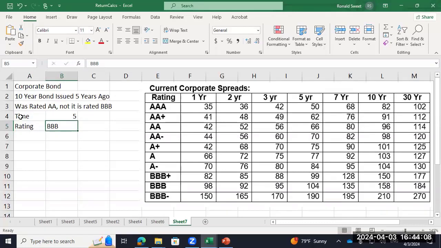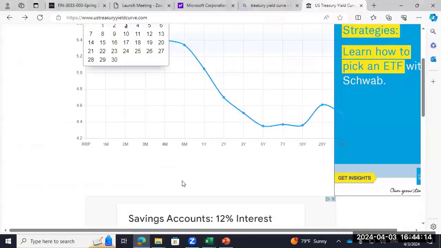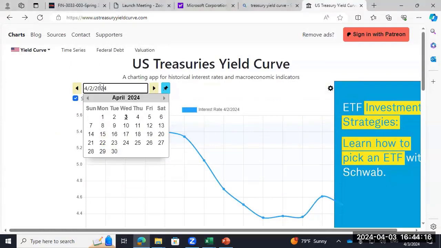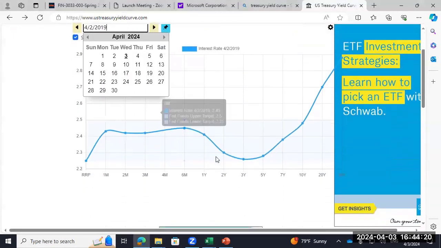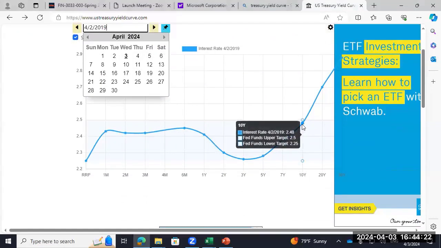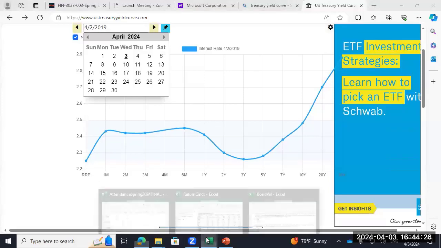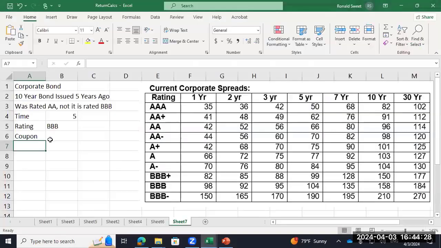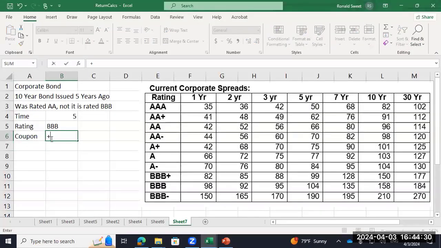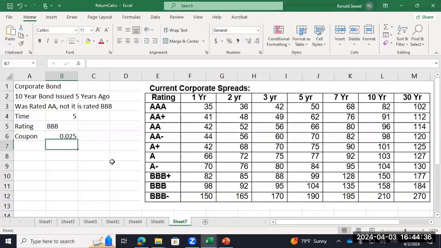All right. The coupon. So it was a 10-year bond issued 5 years ago. So 10-year bond yields were 2.5%. And what's the spread? I can go look it up.